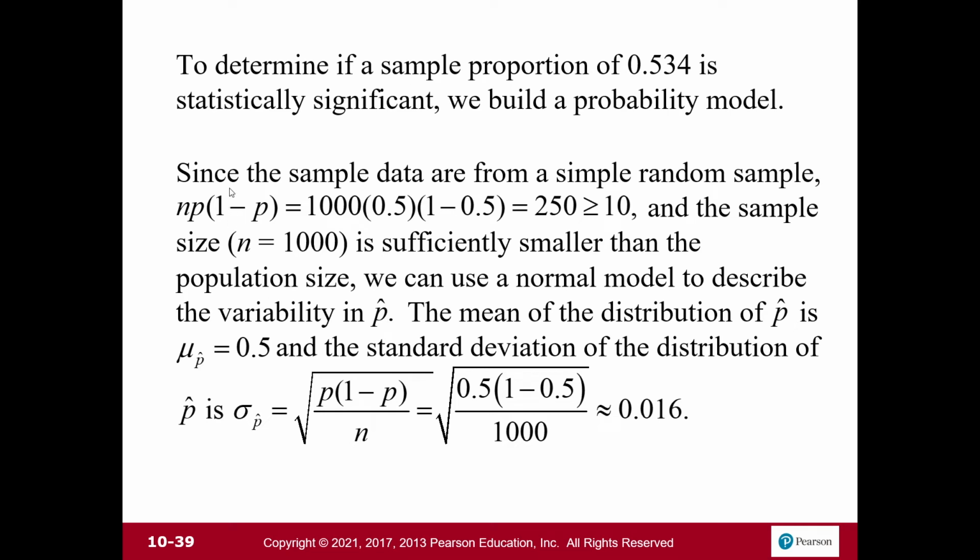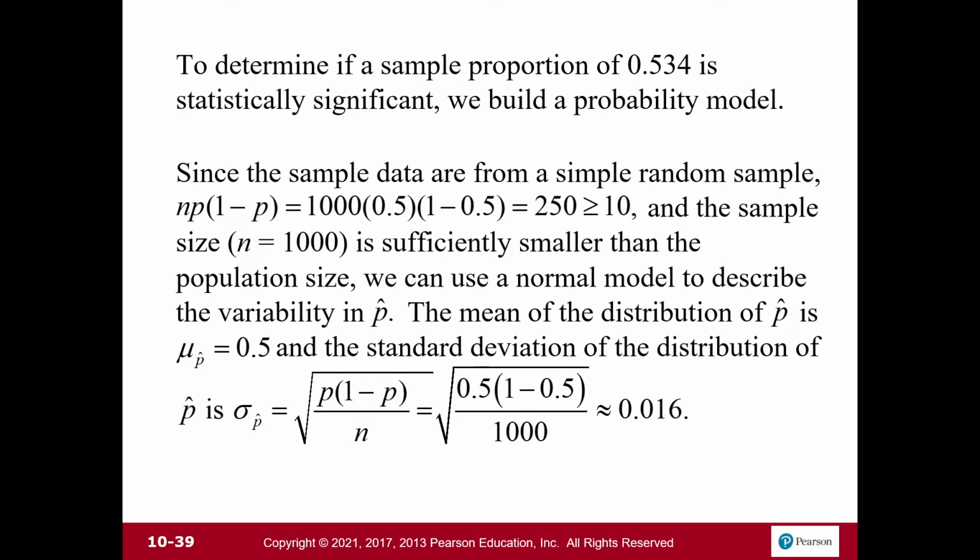Since the sample data are from an SRS and n times p times 1 minus p is greater than 10, and the sample size is sufficiently smaller than the population size, we can use a normal model to describe the variability of p hat.